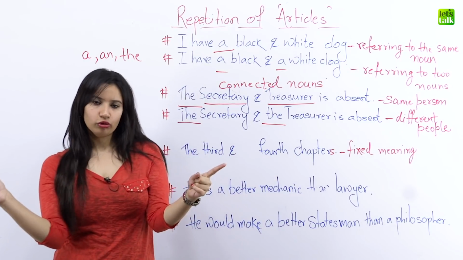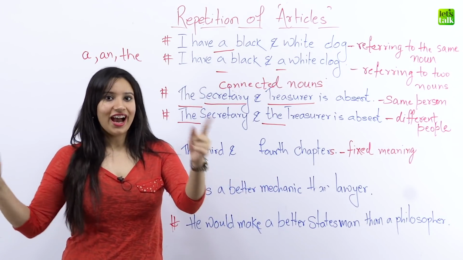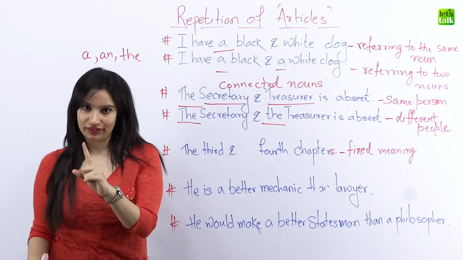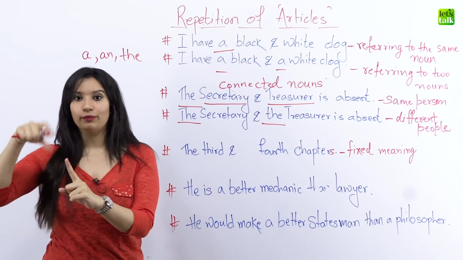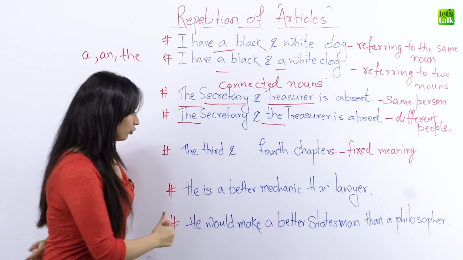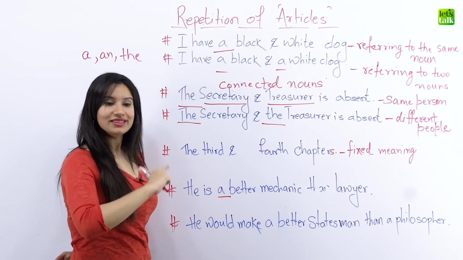So am I talking about two different people here? One who's a mechanic and the other who's a lawyer? No. I'm talking about the same person who is better at fixing cars than at being a lawyer, alright? So when we use "a" here once, we are talking about the same person.